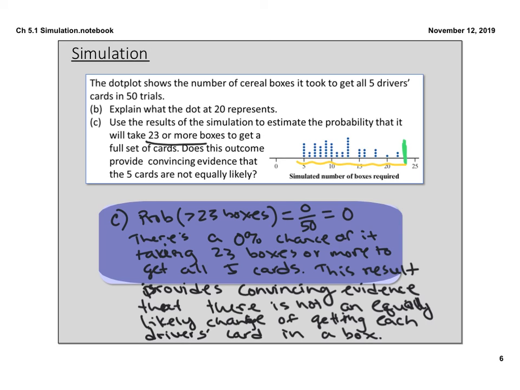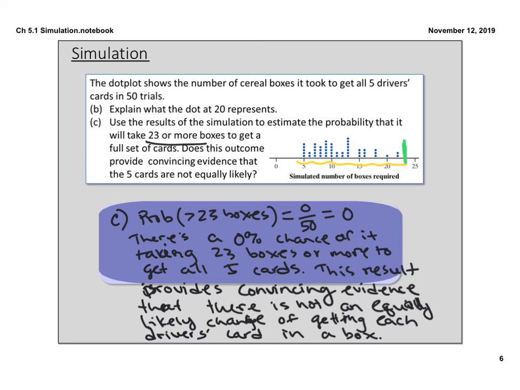So since in actual real life, this person needed 23 boxes to get all 5 cards, that provides us enough convincing evidence that the cards aren't equally likely in the boxes, okay? We're not equally likely to get each card in a box because it's such a low probability.